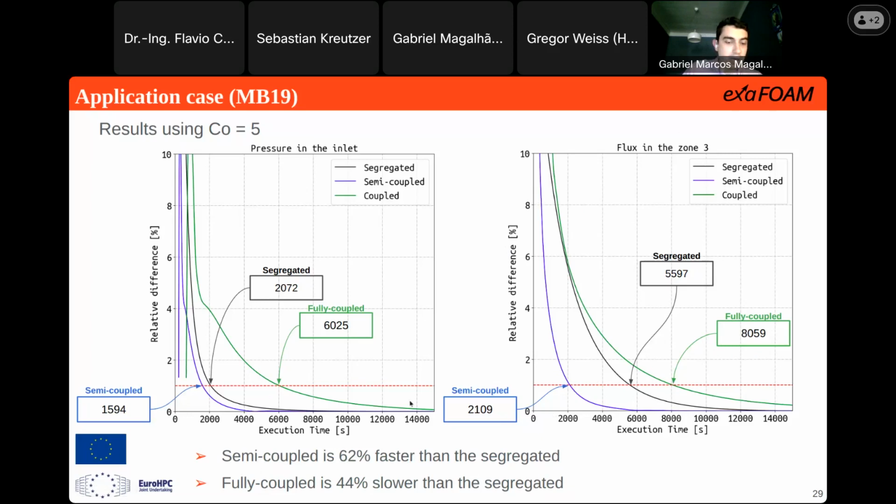The result of the semi-coupled solver is good, and calculating the KPI of time to solution, we have a value of 1.61. Our reference is the segregated, and with the semi-coupled, we have a better performance.